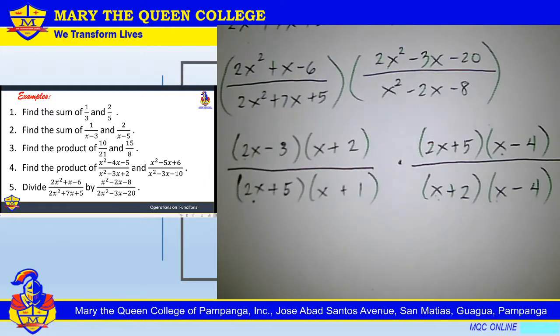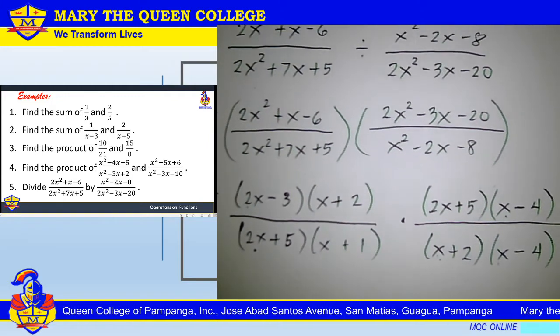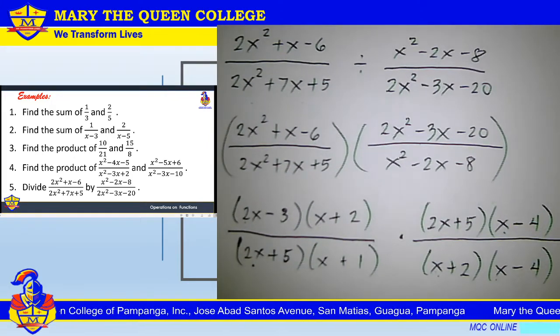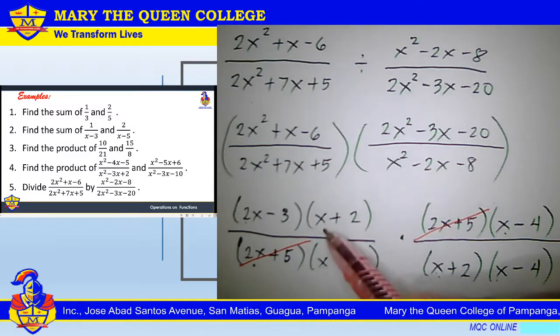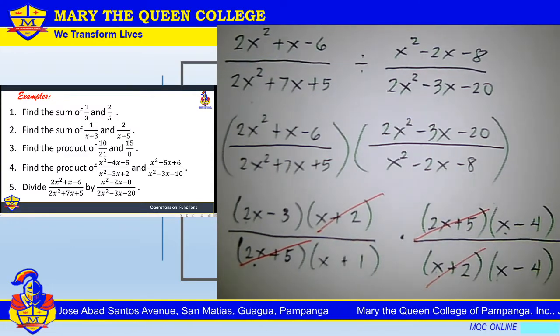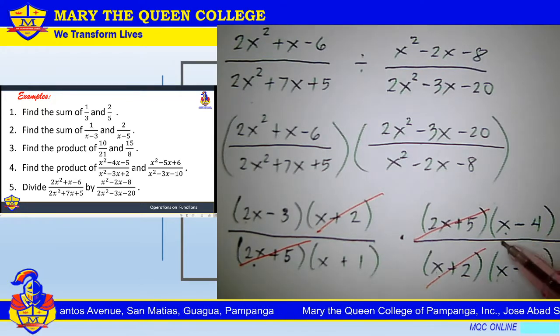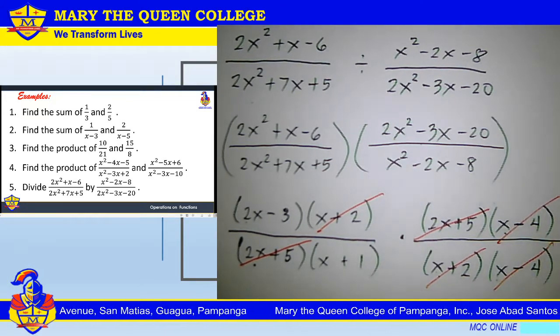Kaya pa? Kaya. Then, next is to determine among the numerators and denominators na pwede natin i-cancel, no? So, we have 2x plus 5 here, tsaka dito. Then, we have x plus 2 here, x plus 2 doon. Tapos, meron pa ba? We have x minus 4 here, tsaka x minus 4 doon.